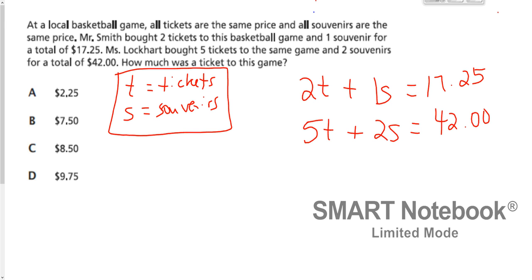So if I want one of the variables to be opposite, I can multiply this entire top equation by something. Well, since this is a 2s, what's the opposite of positive 2s? Negative 2s. So if I multiply the top equation by negative 2, then this part right here will become a negative 2, and that's what we want.